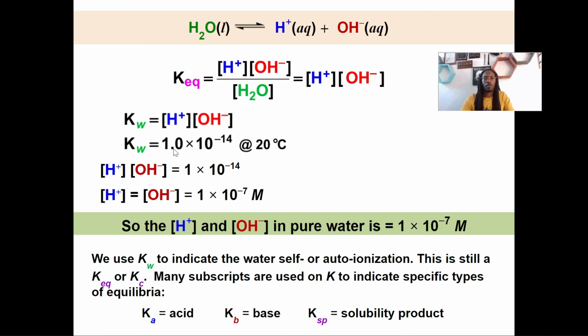If Kw is this value, then our H+ concentration times our OH- concentration equals 1 times 10 to the negative 14. That means both concentrations are equal, so in pure water, H+ and OH- each equal 1 times 10 to the negative 7 molar.